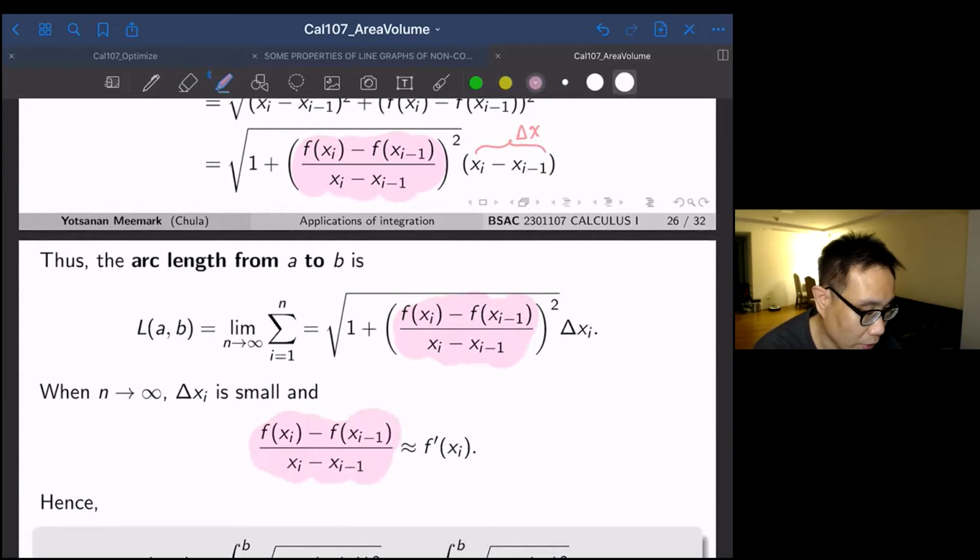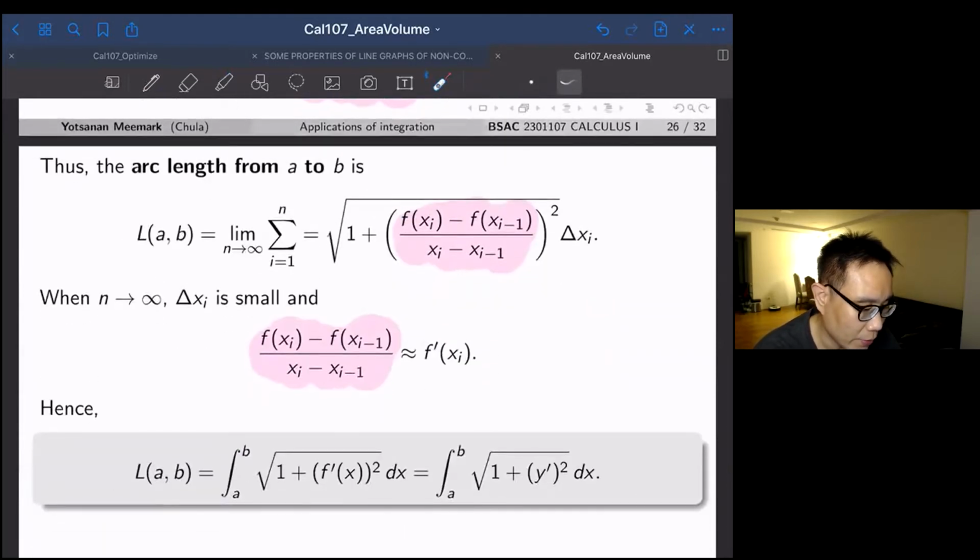So you have delta xi times this term. The pink term turns out to be f prime of xi when delta xi is very small. If it goes to 0, it turns out to be the derivative at xi.